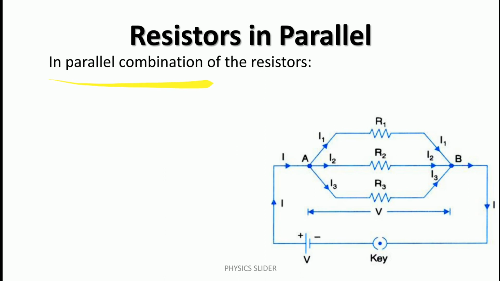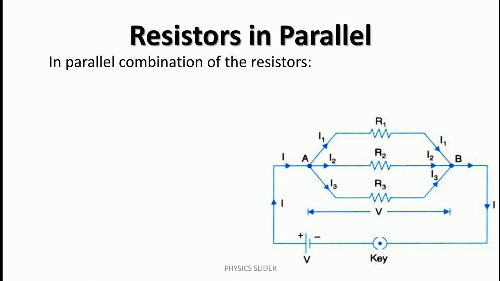In parallel combination of the resistors, we must learn two things. Watch here. The current I is coming from here to these branches. When this current I comes to these branches, it divides into the branches. In this branch the current is I1, in this branch the current is I2, and in the last branch the current is I3.